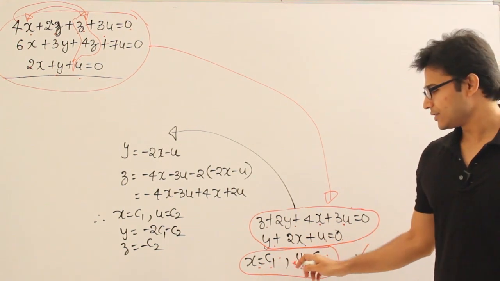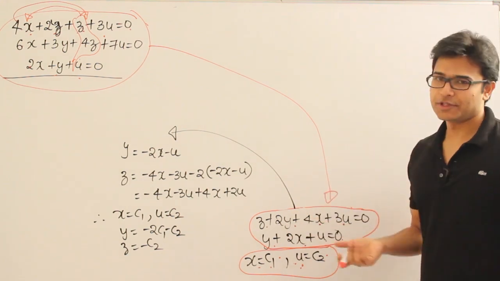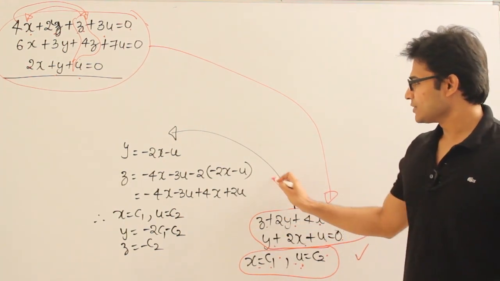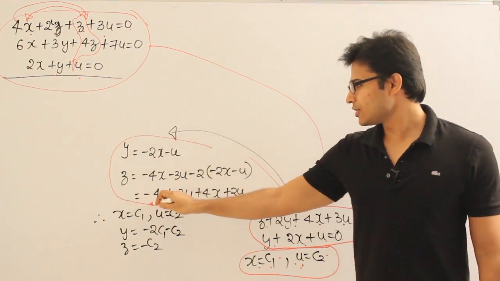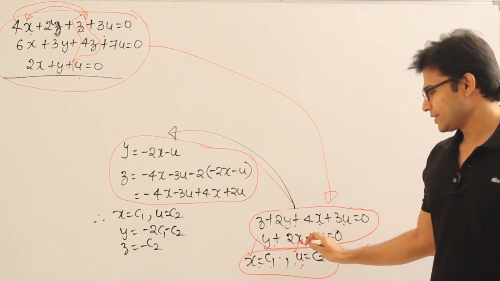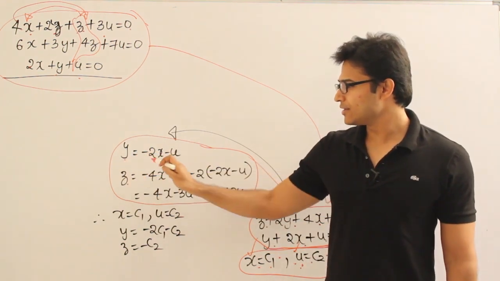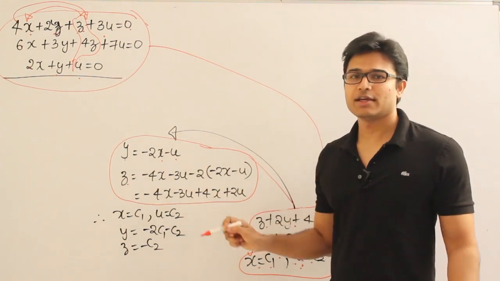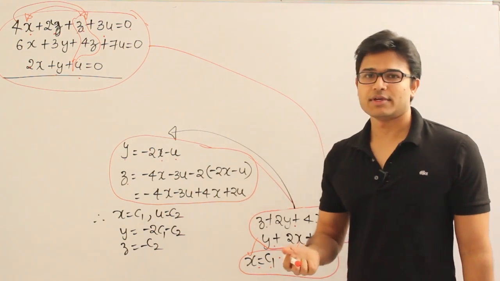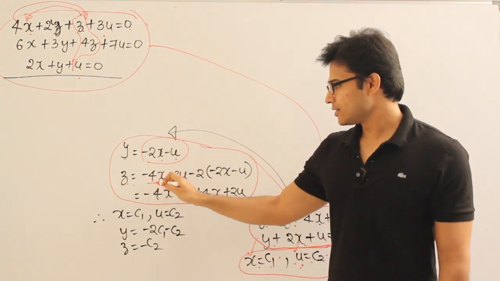I just take x and u, you take your own, I mean you can take y and z or any combination, and after you do that, you can take these equations and solve the values for y and z. See, x and u, I assigned some values. Now I am trying to get y and z in terms of x and u, so that I can get in terms of those random values what the values of y and z are. So y turned out to be this one, and then z turned out to be this.